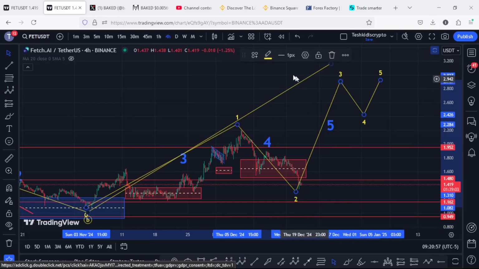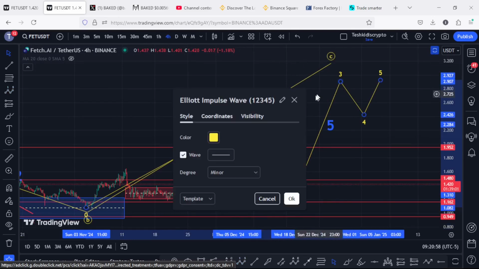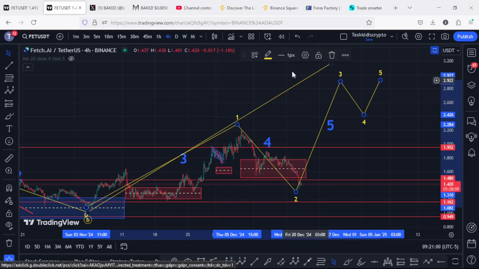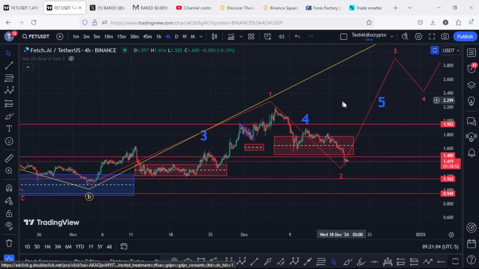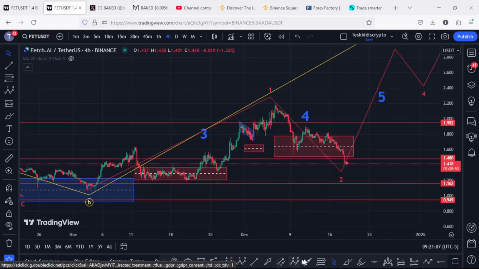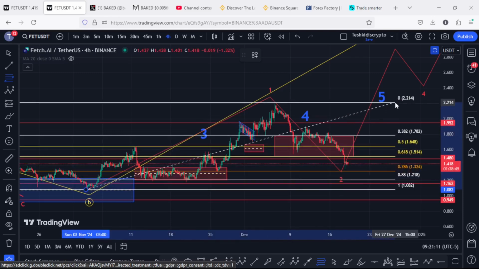And if that is the case, then we can identify minimum target areas for the second wave using the Fibonacci's, connecting the fibs from the lows we made on the 4th of November to the highs above the $2.2.